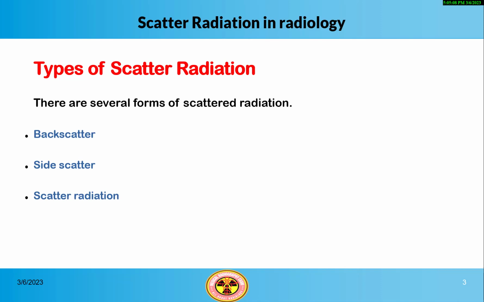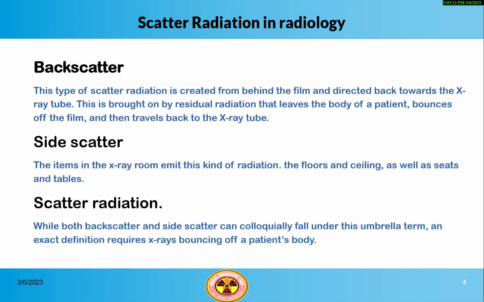Second, side scatter. Third, scatter radiation. Backscatter. This type of scatter radiation is created from behind the film and directed back towards the X-ray tube. This is brought on by residual radiation that leaves the body of a patient, bounces off the film, and then travels back to the X-ray tube.